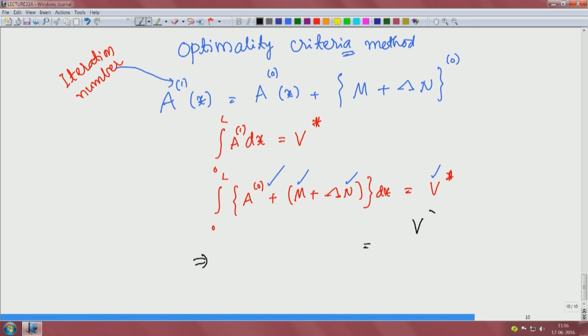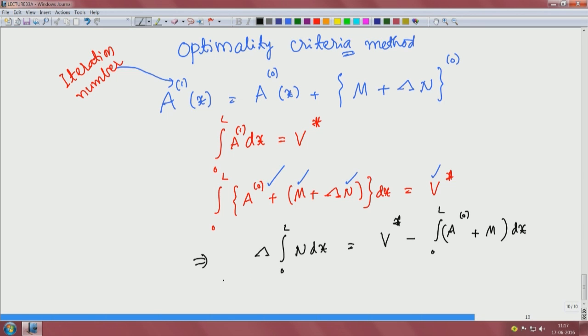I write the lambda part as lambda into integral 0 to L of n dx. N is equal to 1 here, but in general you may have n something else. So n dx equals V star minus integral 0 to L of A0 plus m dx.